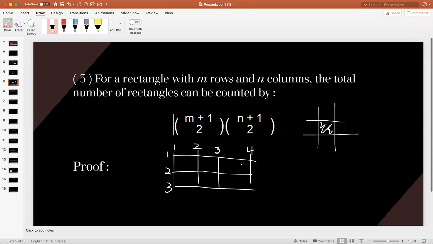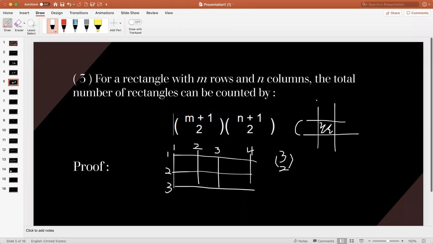Out of the first three horizontal lines, we pick any two lines out of those three to create the two horizontal lines to make the rectangle here. After we pick those, we have three choose two ways to pick them. Then we go on to the vertical lines, the two vertical lines we need, and we have four choices to choose from.